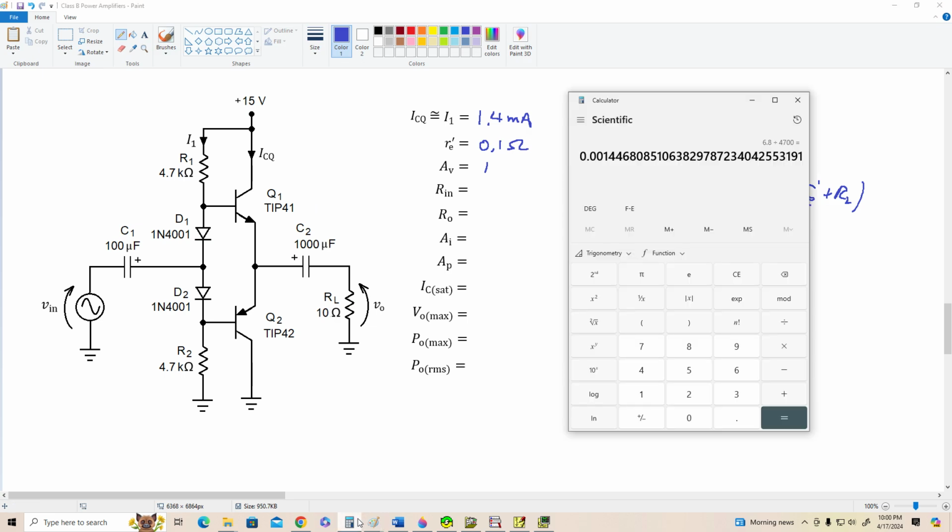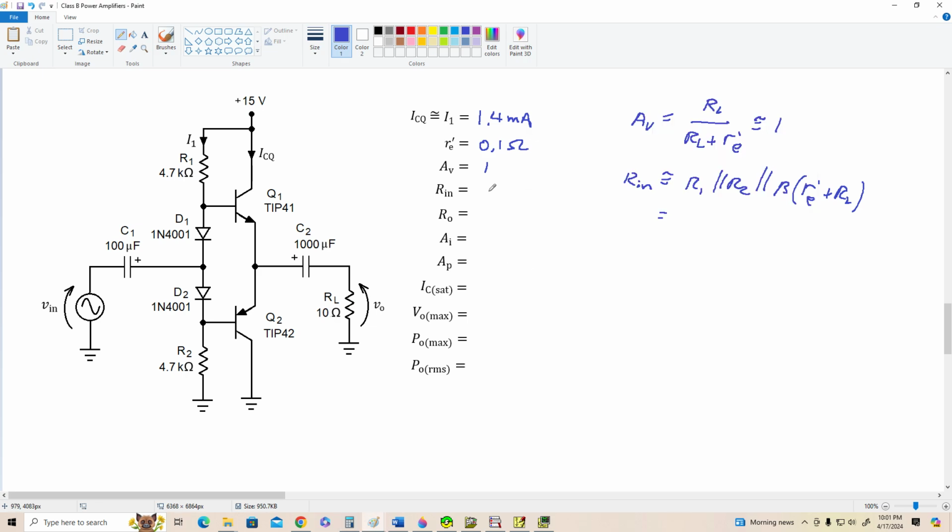So we've got 500 in parallel with 4700 in parallel with 4700. Equals about 412 ohms. Okay, so Rin is around 412 ohms. We could just call it 400 ohms, okay? That's close enough. We're approximating things.